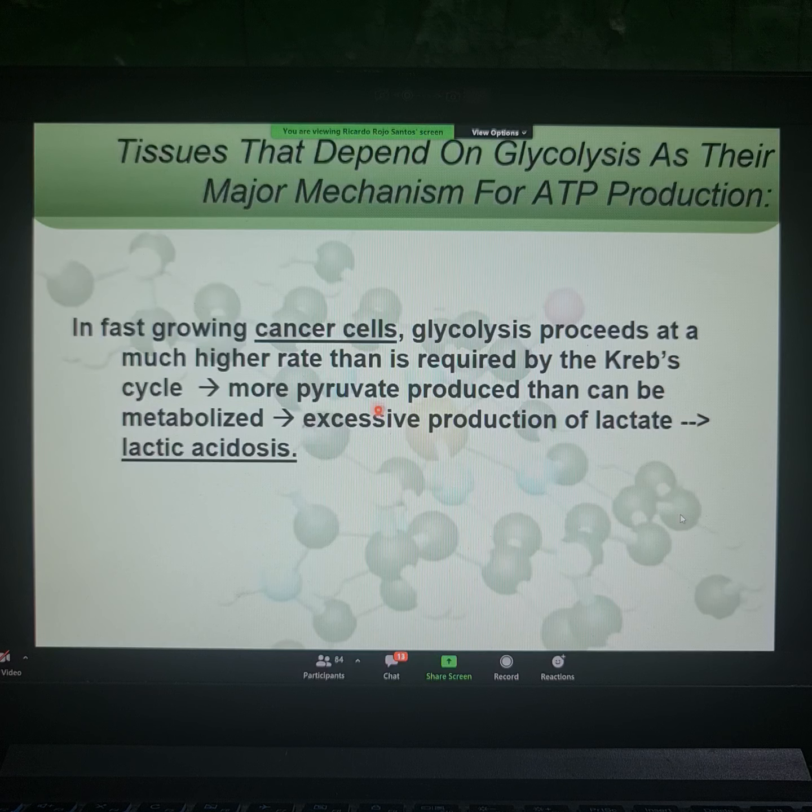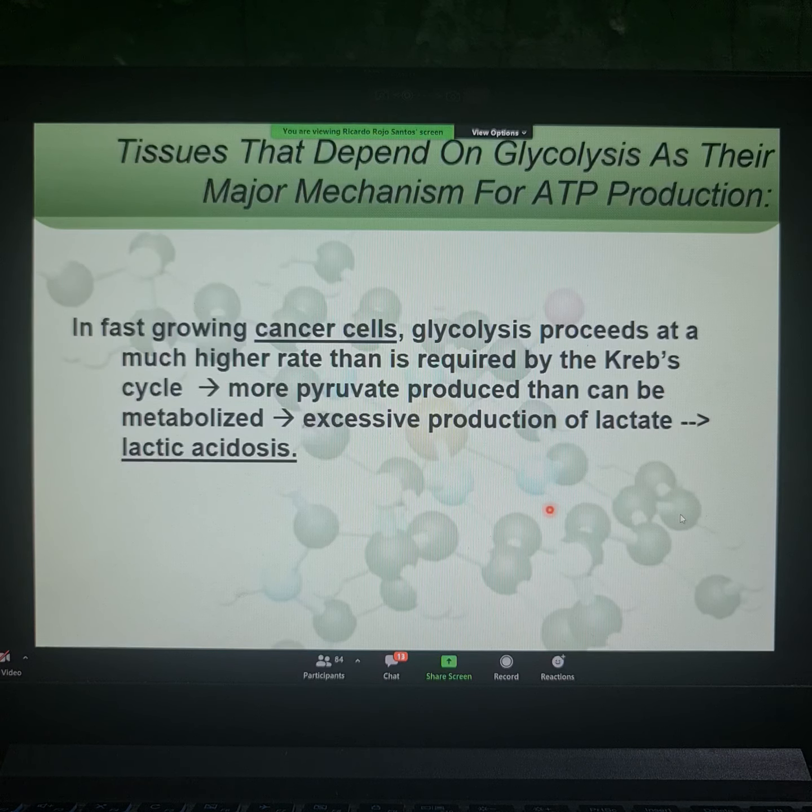And what will happen to this pyruvic acid? It will be converted to lactic acid. And elevated levels of lactic acid will lead to lactic acidosis. So there will be pyruvate acidosis and lactate acidosis.